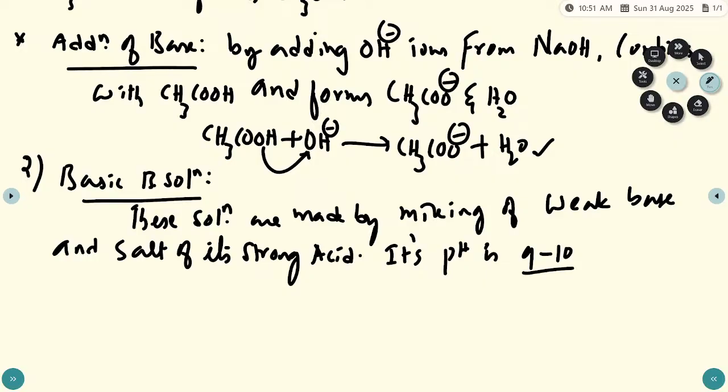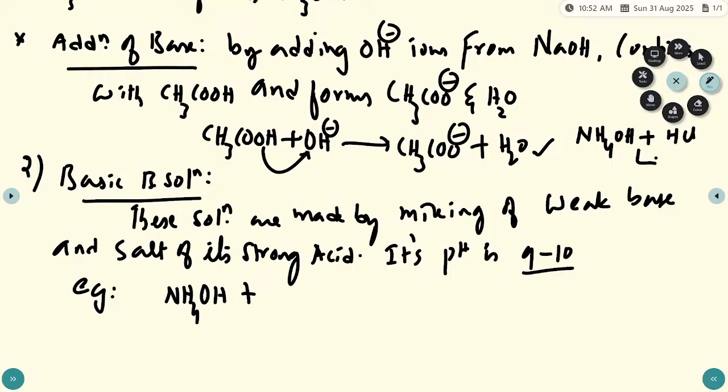Okay, and then example of basic buffer solution. Tell me one weak base. NH4OH. It is a weak base. Okay, and then its salt of strong acid. For example, NH4OH is a weak base, and to this add one strong acid. What is the strong acid?